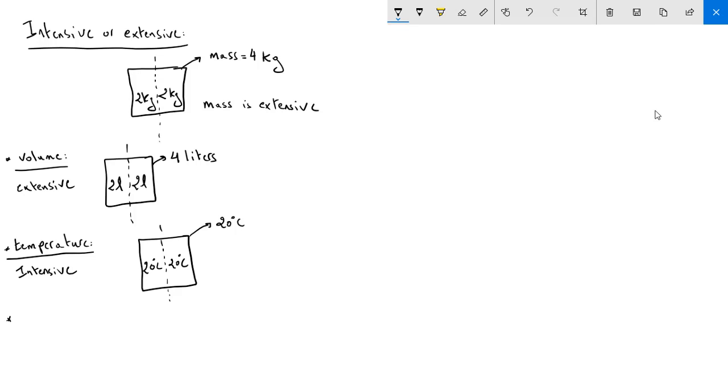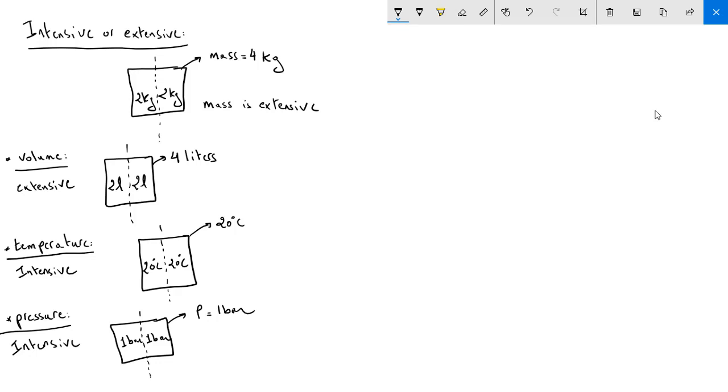Another example, the pressure. If you take a room, for example, that has inside a pressure of 1 bar, if I cut the room in half, I also will have 1 bar here and 1 bar to the right. So the pressure is an intensive property.